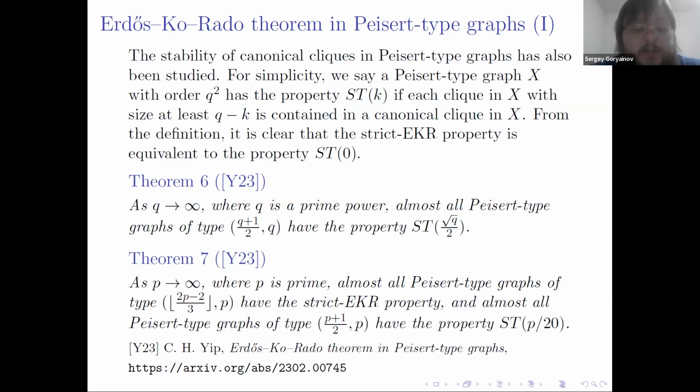Theorem 7: as p tends to infinity, where p is prime, almost all Paley type graphs of type (floor((2p−2)/3), p) have the strict EKR property, and almost all Paley type graphs of type ((p+1)/2, p) have the property St(p/20).